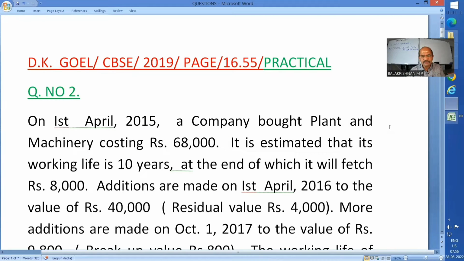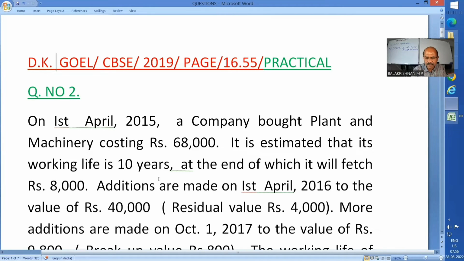Students, the first question we are taking up today is question number 2, page 16.5 of D K Goel, CBSE 2019. I'm reading out the question while displaying it. On 1st April 2015, a company bought plant and machinery costing rupees 68,000. It's estimated that its working life is 10 years, at the end of which it will fetch rupees 8,000.